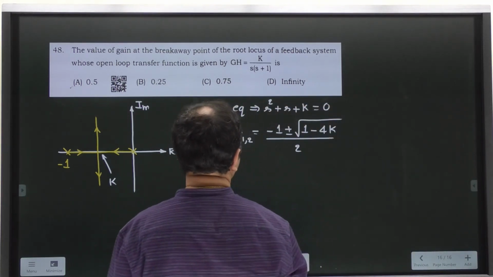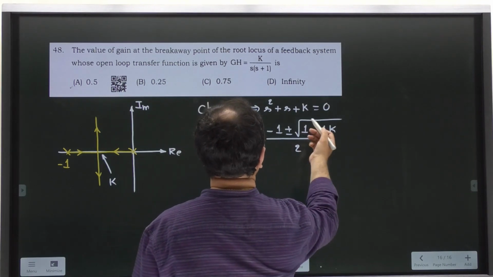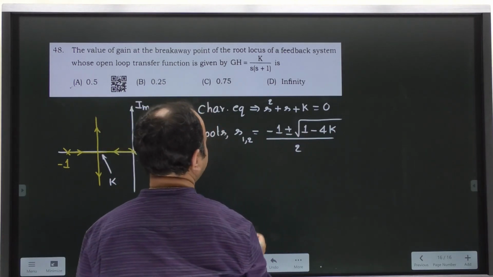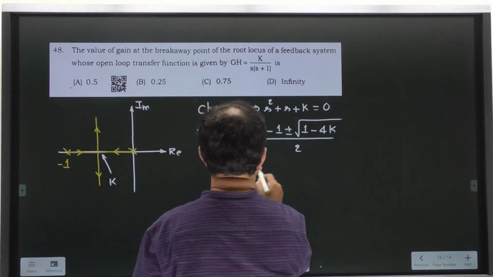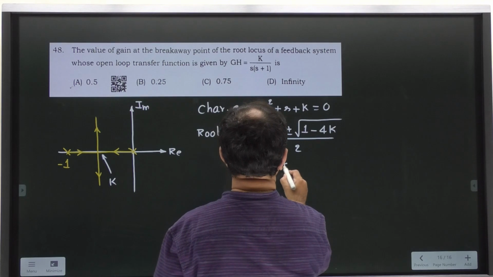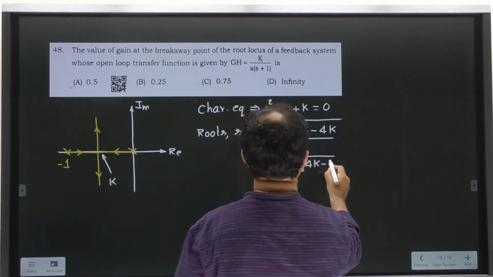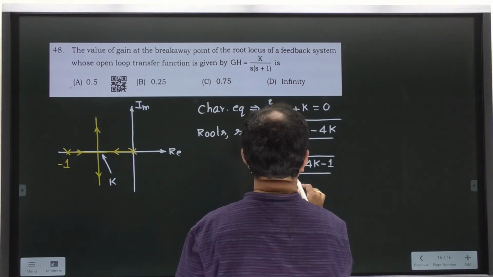Therefore, when it enters into the complex plane, the roots are minus 1 plus or minus j root of 4K minus 1, divided by 2.